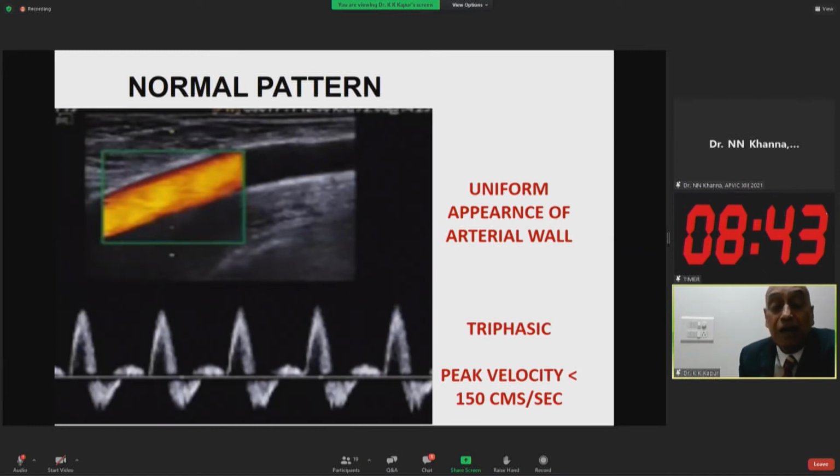When you add the color, you can see that the color fills the entire vessel, and you get a color flow, this triphasic pattern. And the peak velocity in the proximal arteries of the lower limbs, like the iliac arteries or the common femoral artery or the SFA, is in the range up to a maximum of 150 centimeters per second.